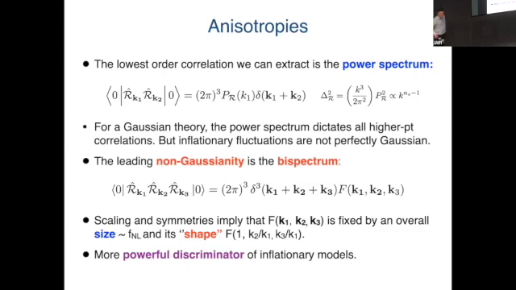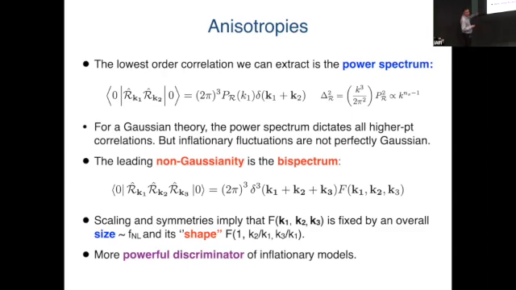Okay, so the leading non-Gaussianity is the 3-point function, if it's present. And you can use scalings and symmetries, translation and rotational symmetries, to argue that this 3-point function is fully specified by its overall size, which is usually denoted by the nonlinear parameter FNL, and two variable shape functions.